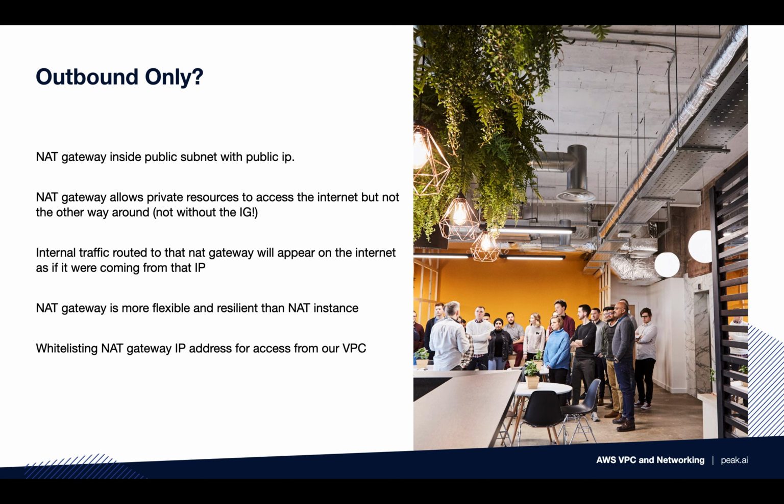Now generally I found personally that a NAT gateway is more flexible and more resilient than a NAT instance. Previously I've used just an EC2 instance with some NAT software on it and then routed traffic from the resources to that instance. The problem with that is if the instance became unavailable for whatever reason, then so did the traffic from the application.